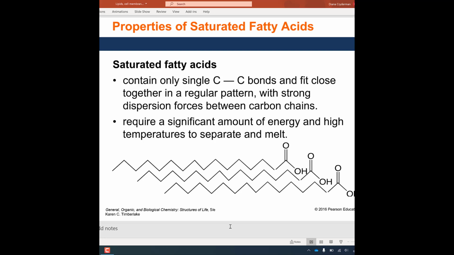So there's some strong dispersion or van der Waals forces between these carbon chains, and those are kind of hard for us to visualize, those intermolecular forces that are really instantaneous, really weak, but also going to kind of keep this stacking pattern together.